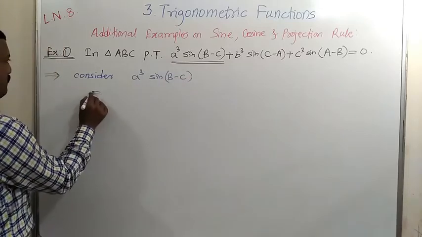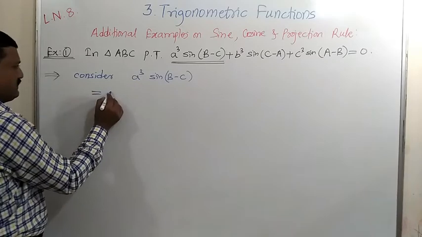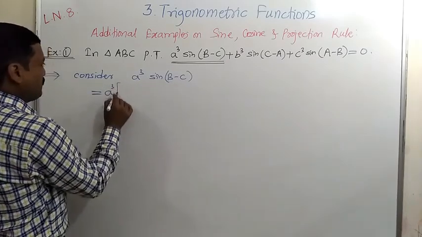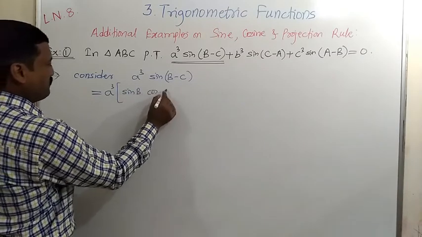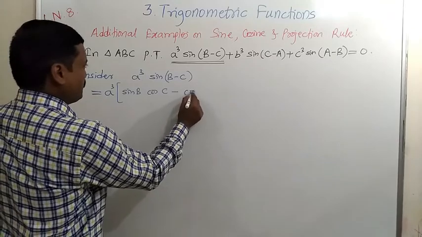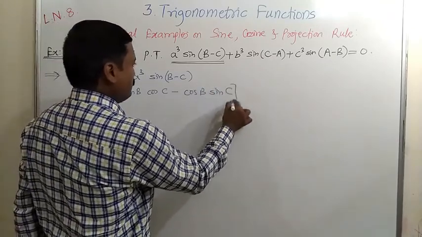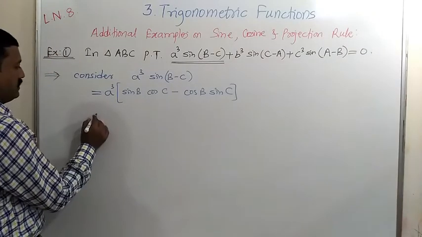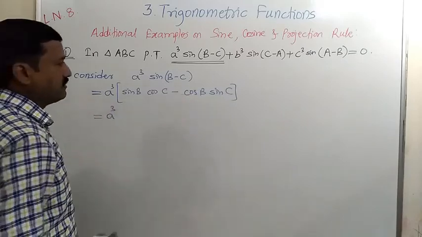It is equal to A cube, and using the formula for sine B minus C, we get sine B cos C minus cos B sin C. In the next step we will use the sine rule and cosine rule both.